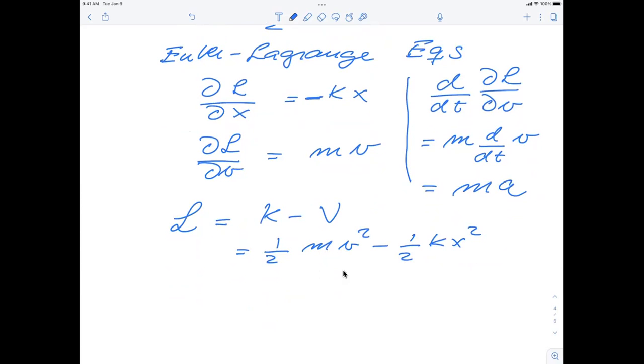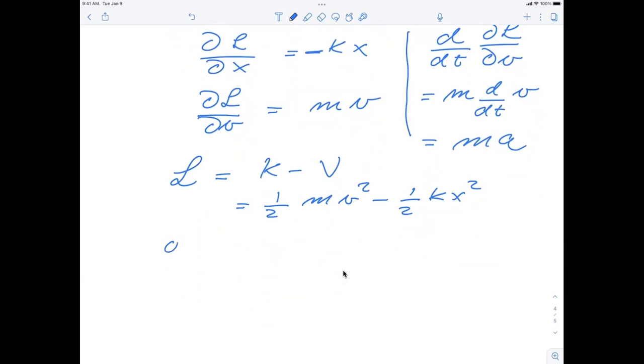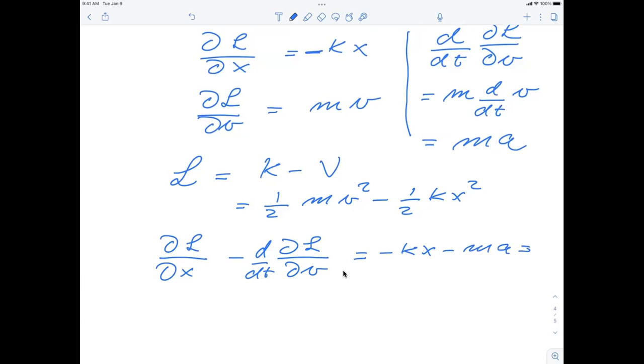Does that sound reasonable? Because I have defined the Lagrangian as kinetic energy minus potential energy. So when I now collect things, and I do ∂L/∂x minus d/dt of ∂L/∂v, you see now that I have minus k x minus m a equal to 0.